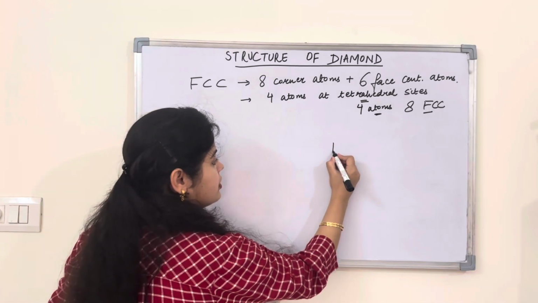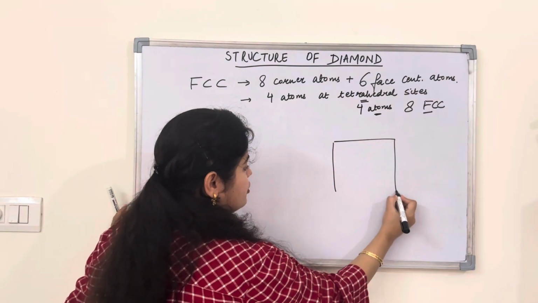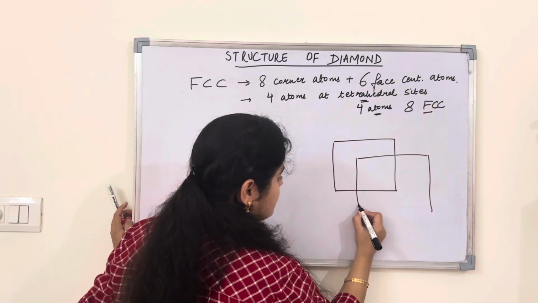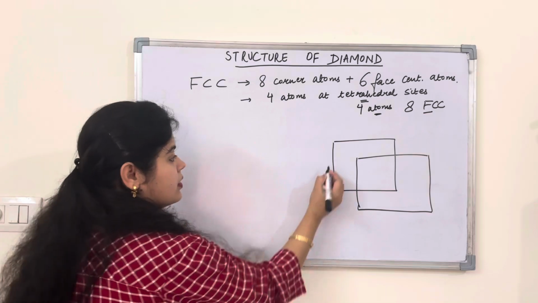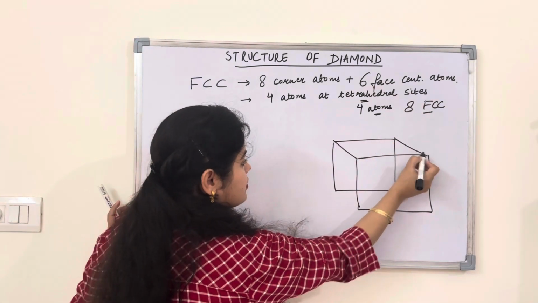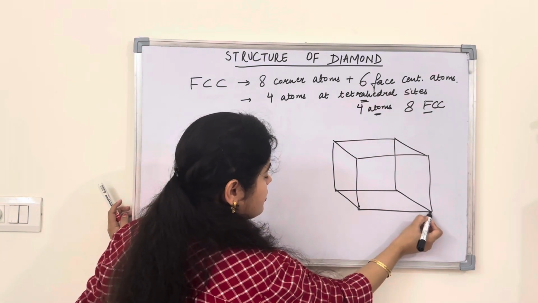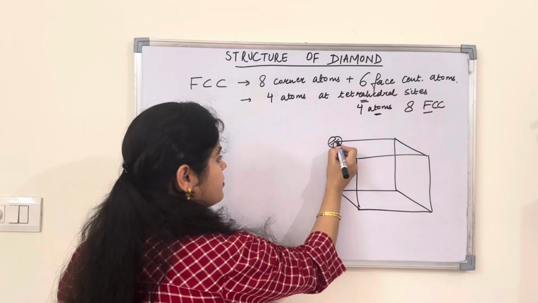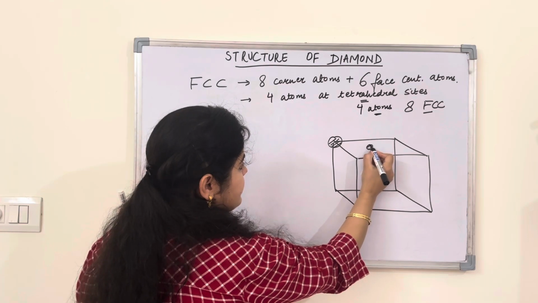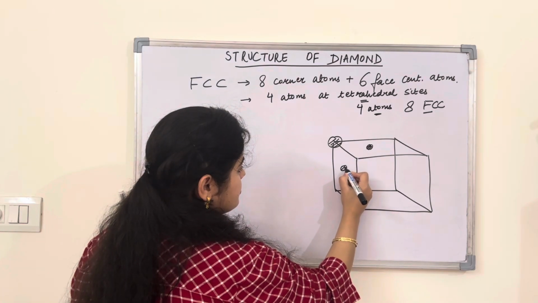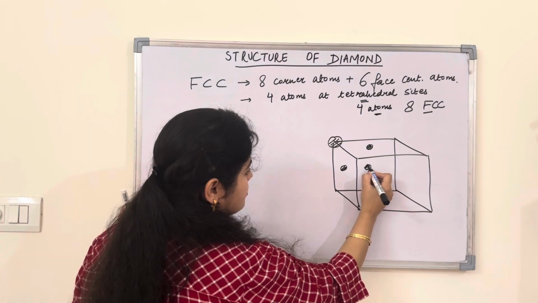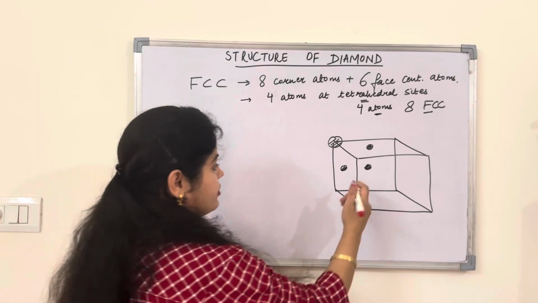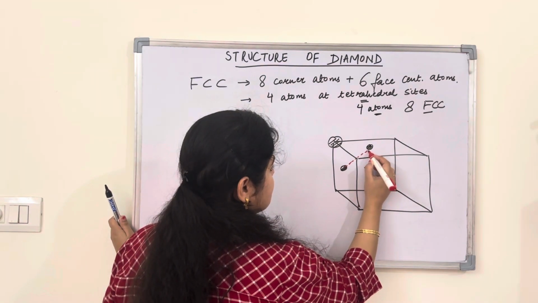So if I draw a FCC unit cell, taking one corner atom and 3 face-centered atoms, I can draw a tetrahedron, which is basically a pyramid-like structure.